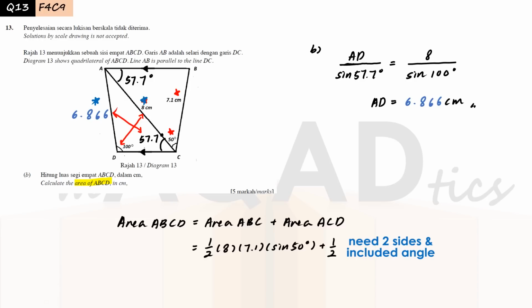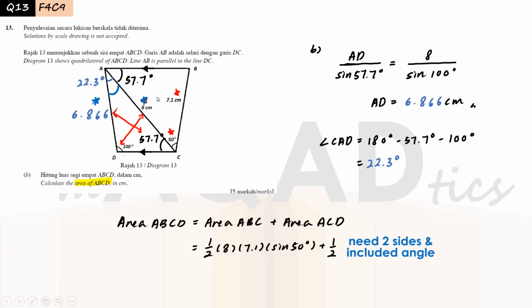So we just need to find the included angle, the angle between these two sides. Here we already have the angle for the other two, so we can use the total angle for a triangle, which is 180, minus these two angles, and then we get the angle here, which is 22.3.